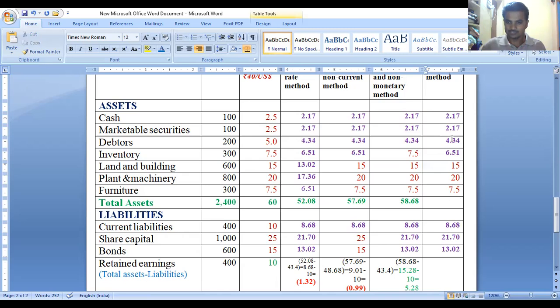Just what is the total? So total is 57.69.